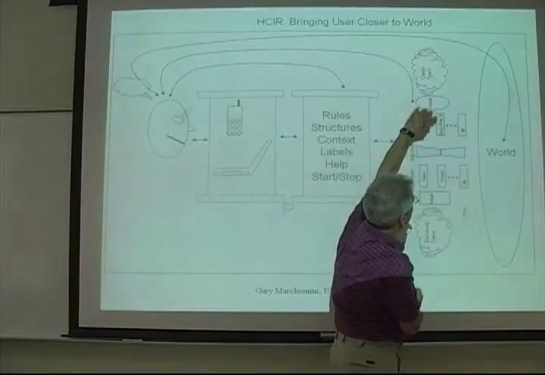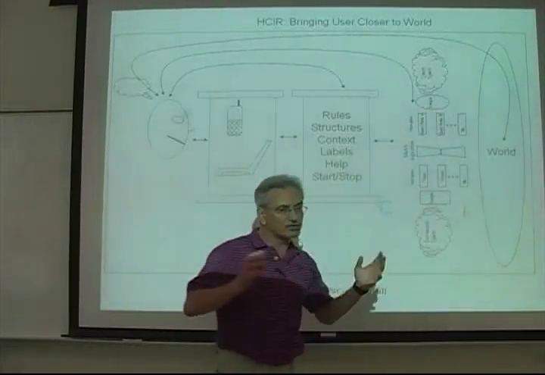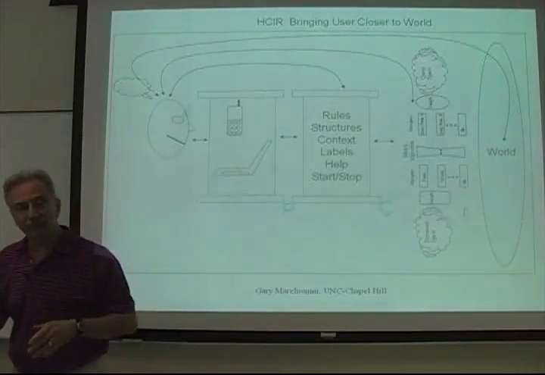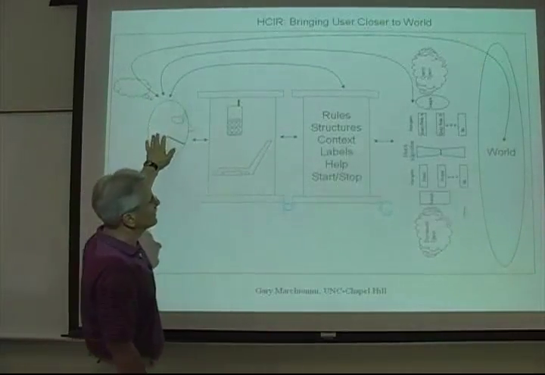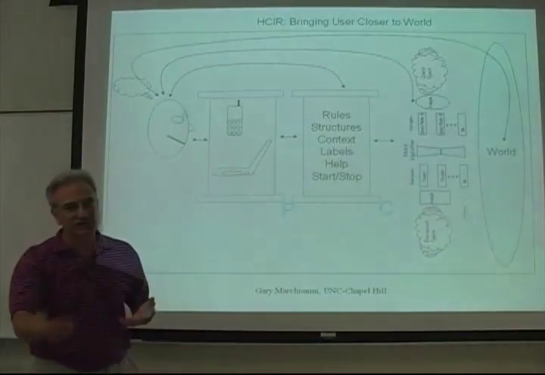Notice the figure from before is now turned on its side and embedded in this larger view of human-computer information retrieval, in which the human is really trying to get closer to the world that they need to interact with and understand.